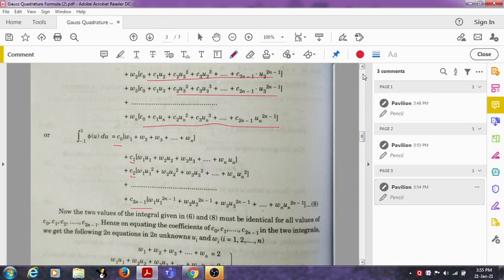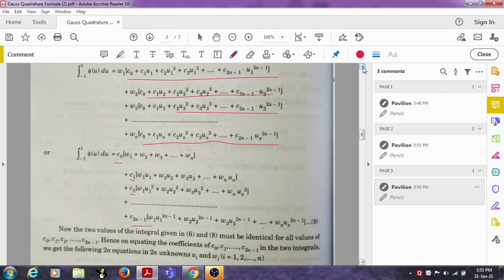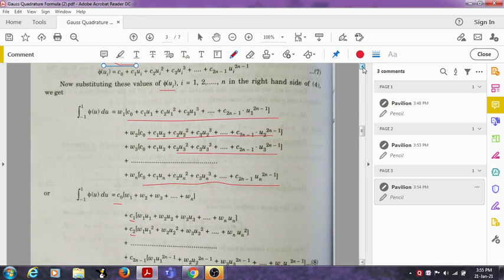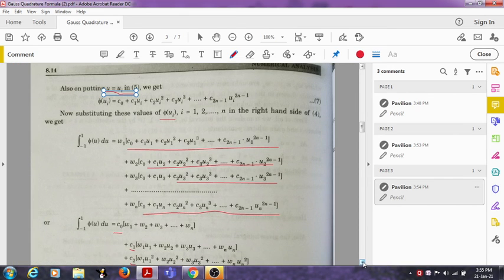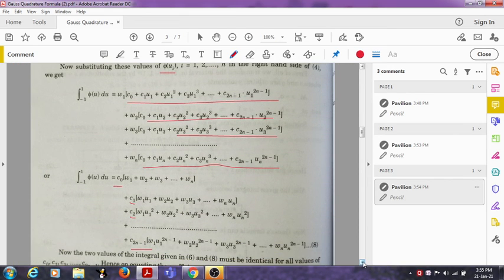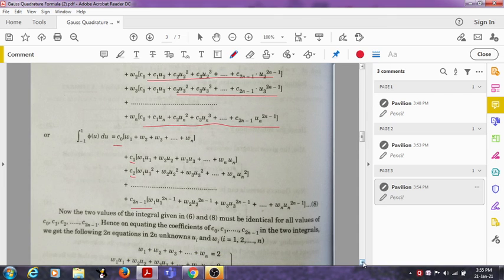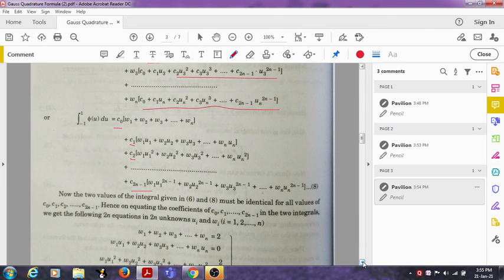If we look at equation 6, we can say this is our equation number 6. Look here. This is also the value of the integral phi u du between the limits minus 1 to 1, and again in equation 8 we have the value of the integral between limits minus 1 and 1.